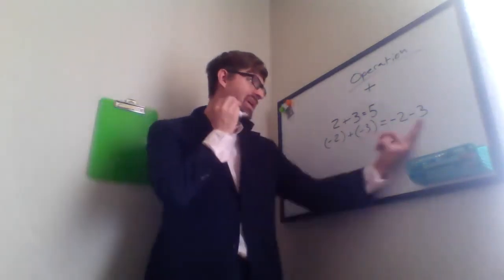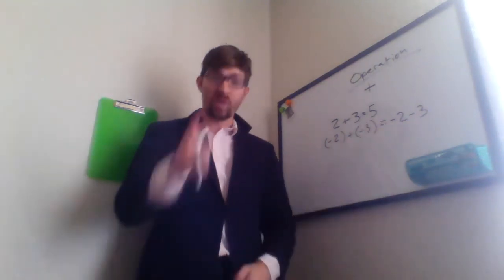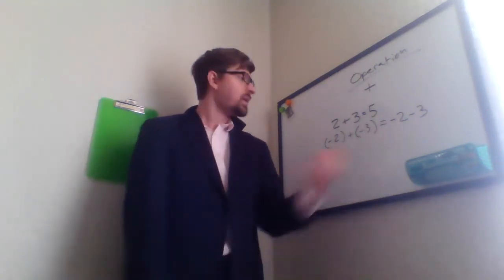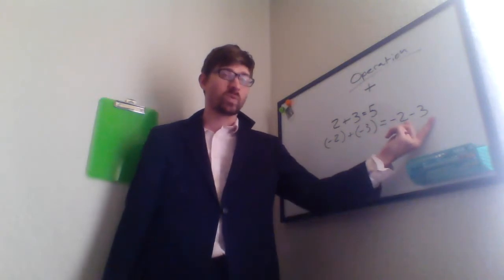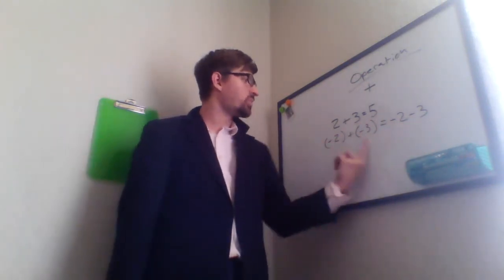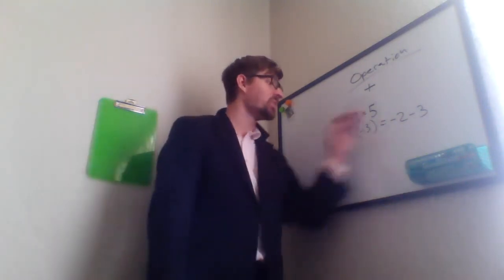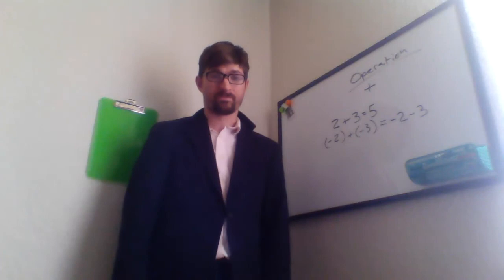As you can see, the negative 3 looks very different. This looks like negative 2 minus 3, or negative 2 take away 3, versus negative 2 plus negative 3, but they are still the same expression.